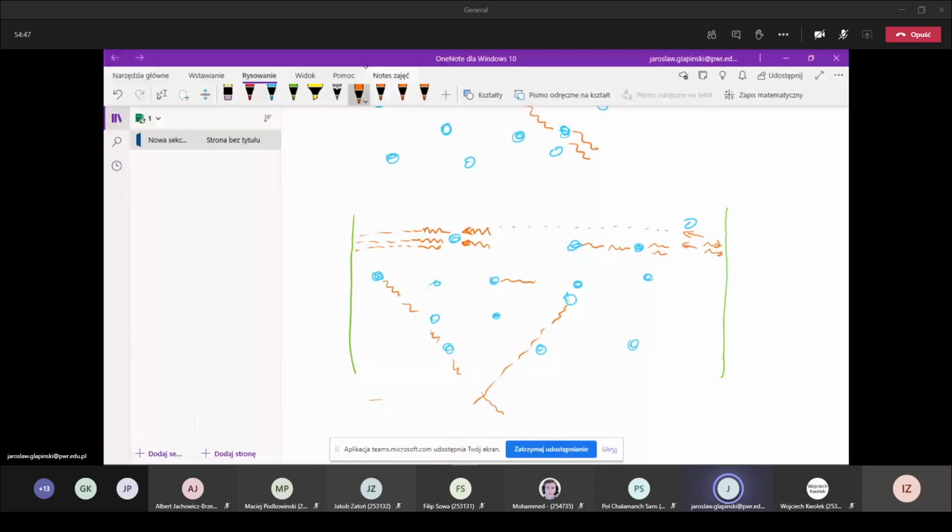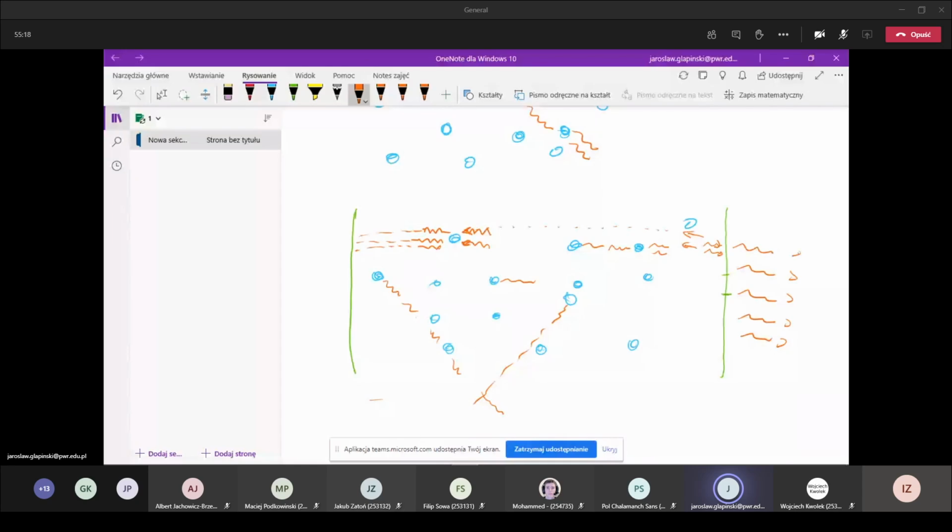Typically, one mirror is a full mirror, and one mirror is a partial mirror. So if we have enough energy, the photons will go through this semi-mirror element, and go in this direction.